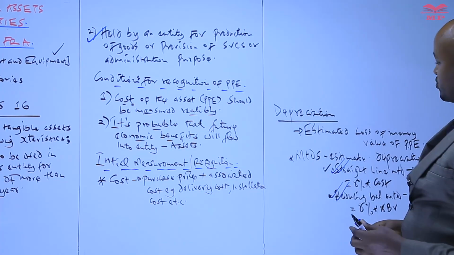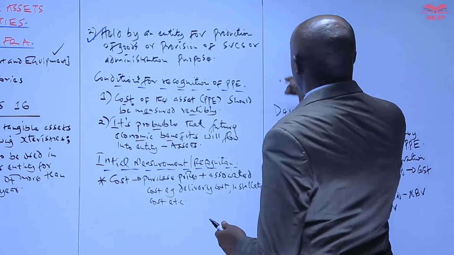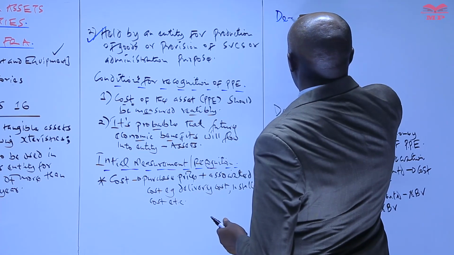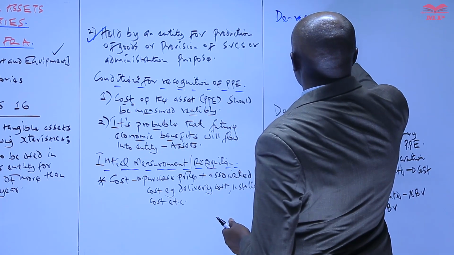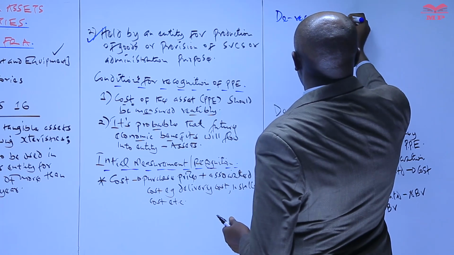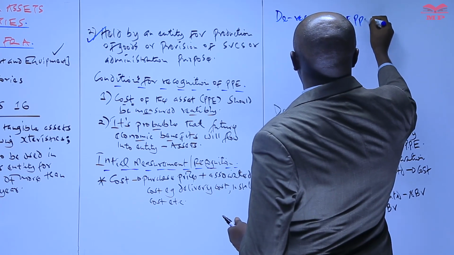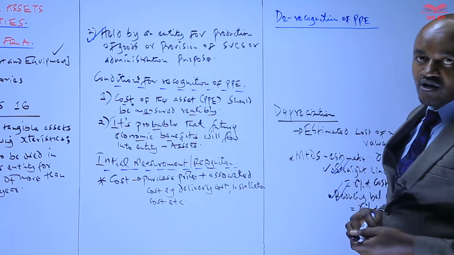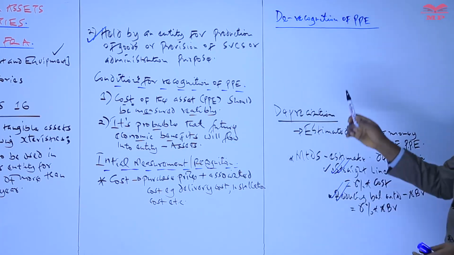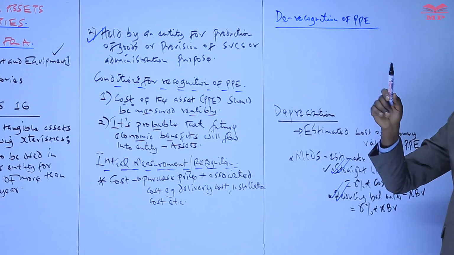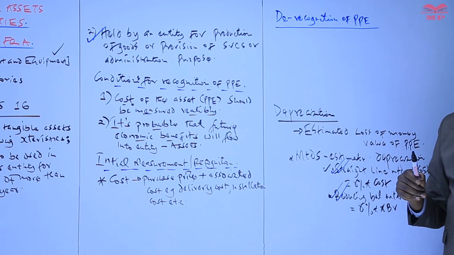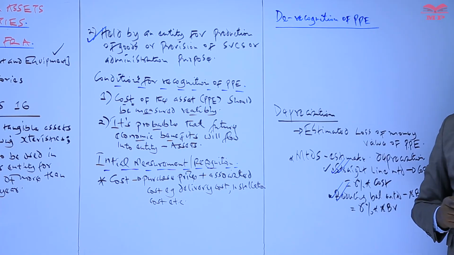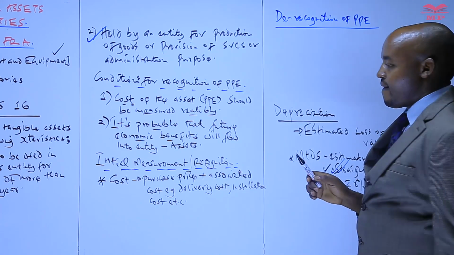Finally, let's look at something to do with the derecognition of PPE. Generally speaking, when we talk about the derecognition of an asset, this is a process through which an asset which was previously recognized will be removed from the company's statement of financial position.